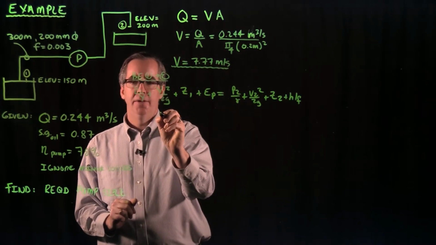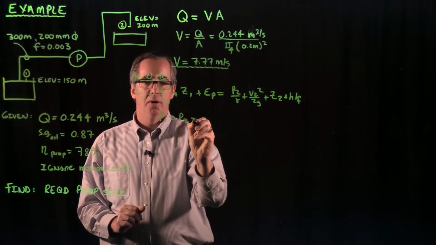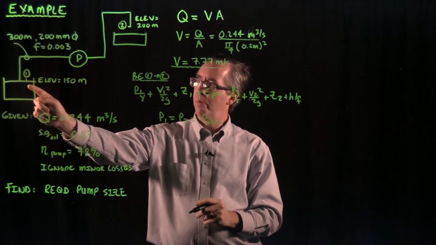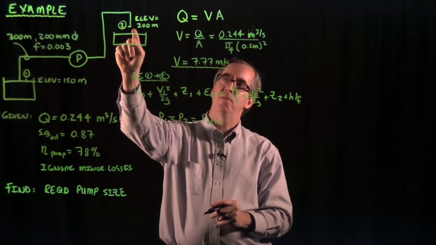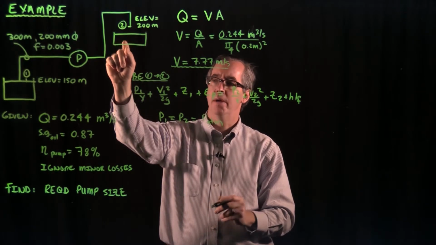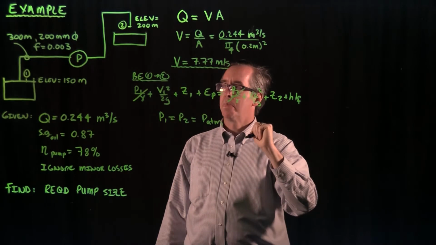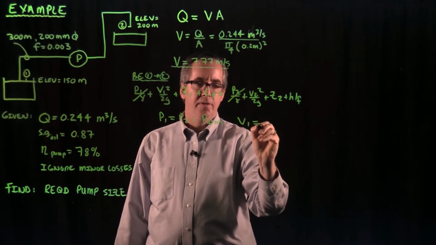I know that both P1 and P2 are going to be atmospheric pressure, okay? Because point 1 is at the water surface, and point 2 is just outside the pipe after the water has exited the pipe. So that eliminates these 2 terms here. The velocity at point 1 is going to be 0.